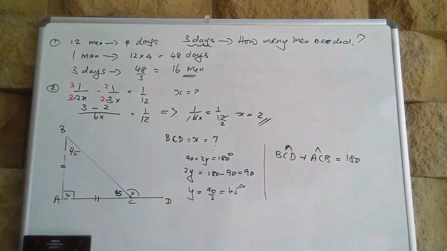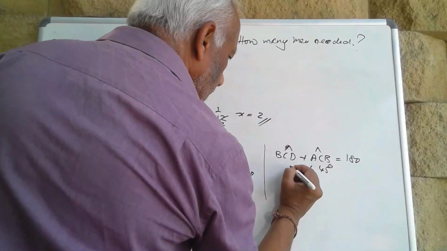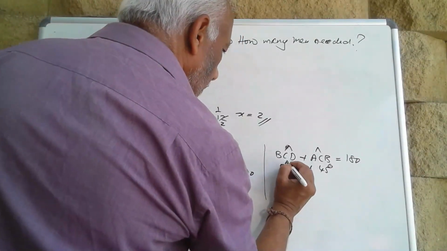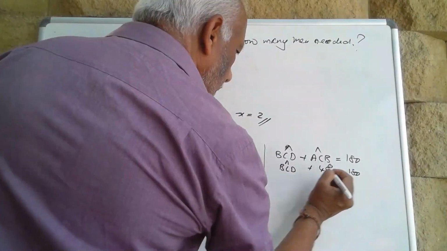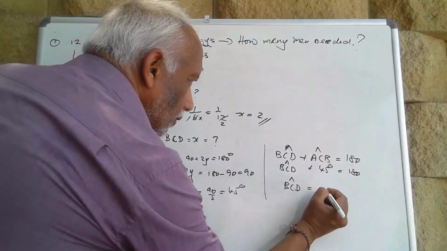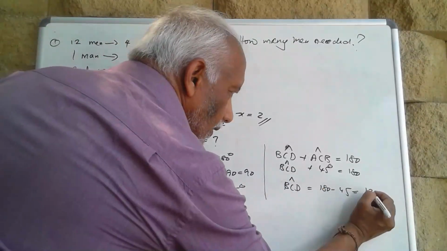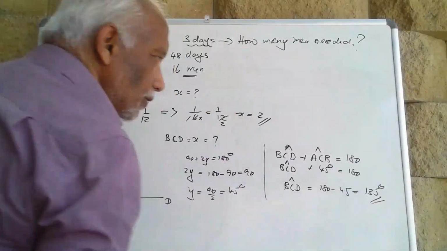But ACB is 45 degrees. Therefore angle BCD must be equal to 180 take away 45, that will be equal to 135 degrees. So that's question number 3.